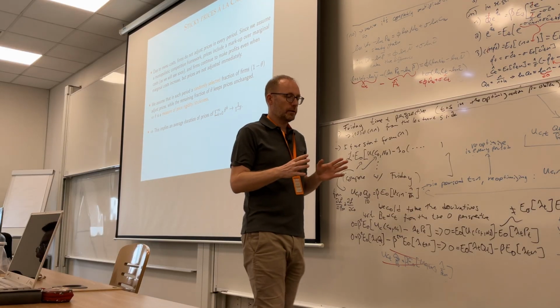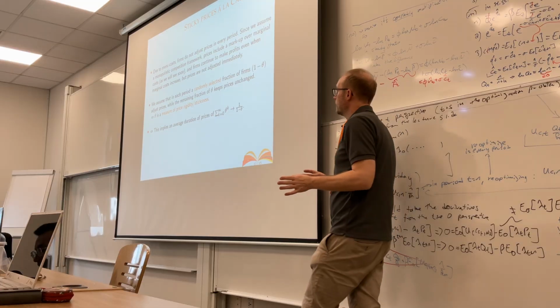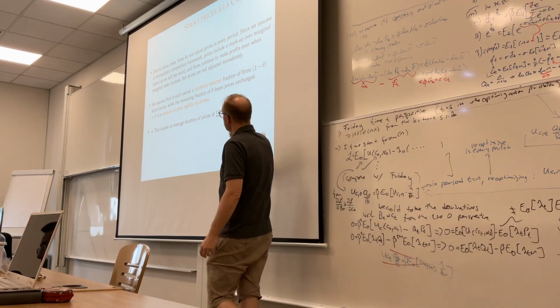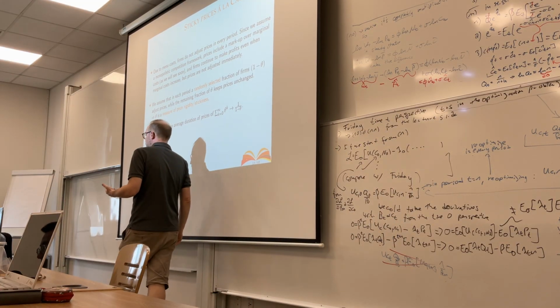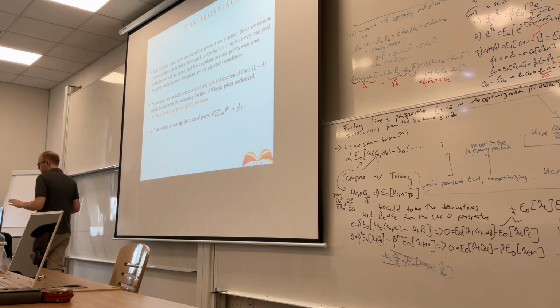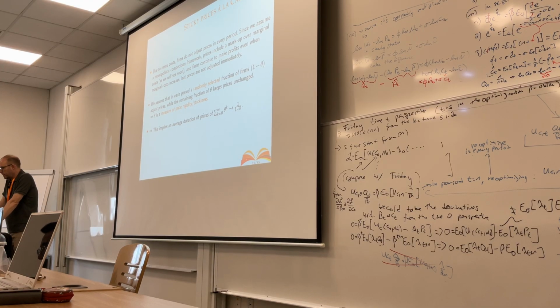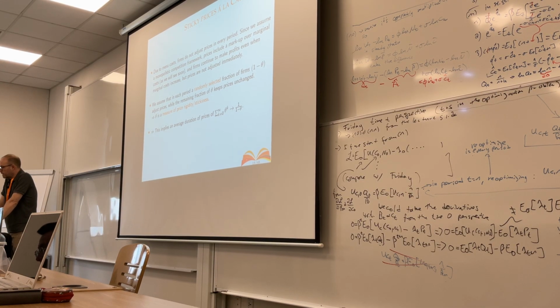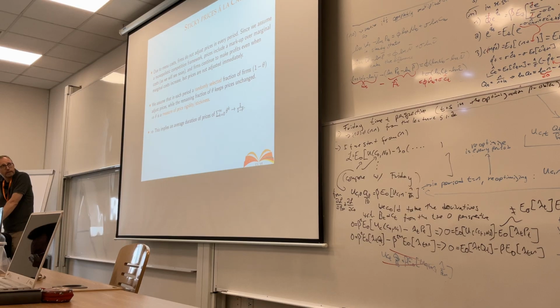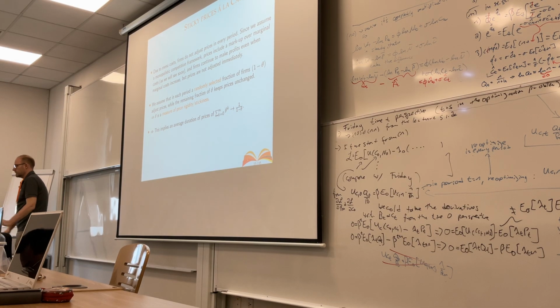There's going to be a fraction of firms that get to choose their prices in any given period, 1 minus theta, and the remaining fraction, theta, keeps their prices unchanged. So theta is going to be the measure of our price rigidity or stickiness. As theta gets larger, we have a larger fraction of our firms each period that don't change their prices.